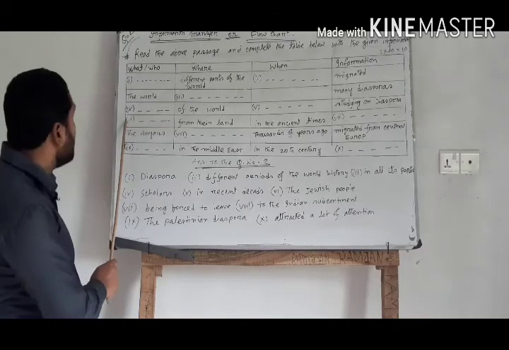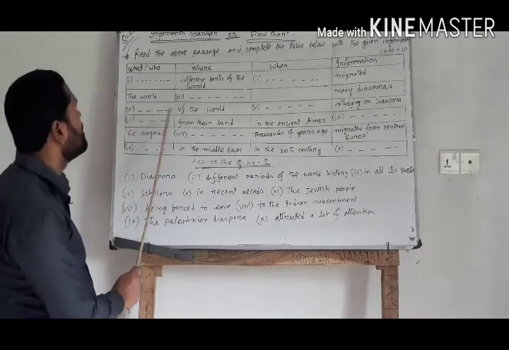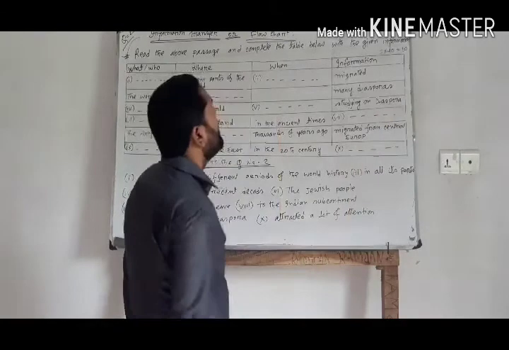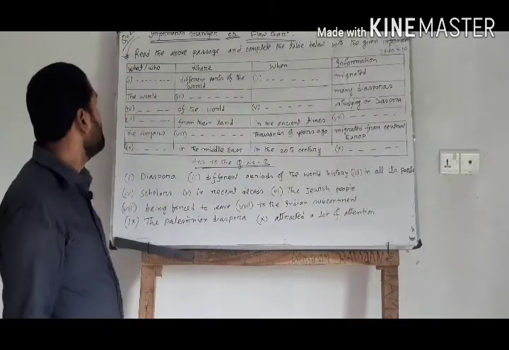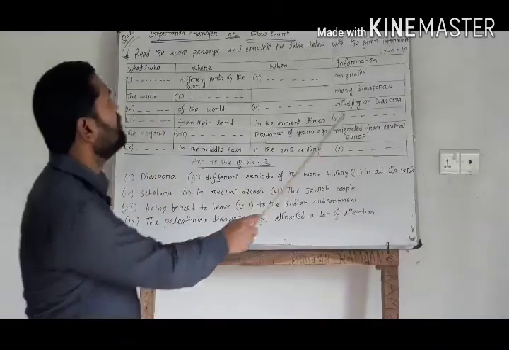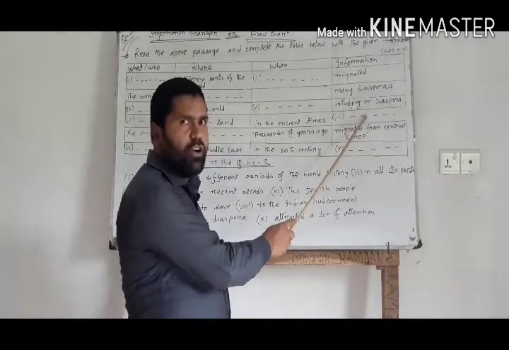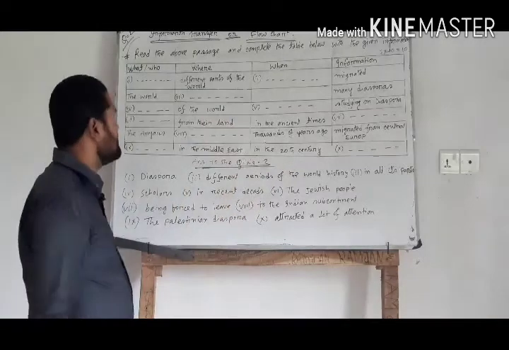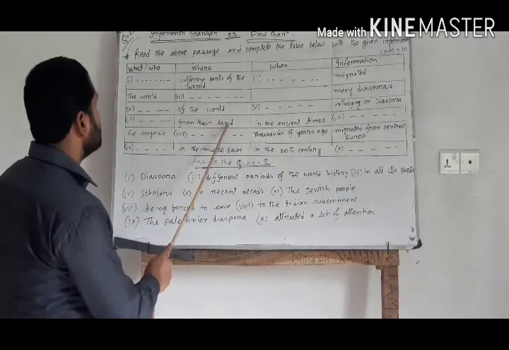Fill in the blanks. Number 6, dash from the land in the ancient times dash. Here we have to fill in the blanks with subject and with information. For this you have to go through the passage and find the sentence. Dash from the land.